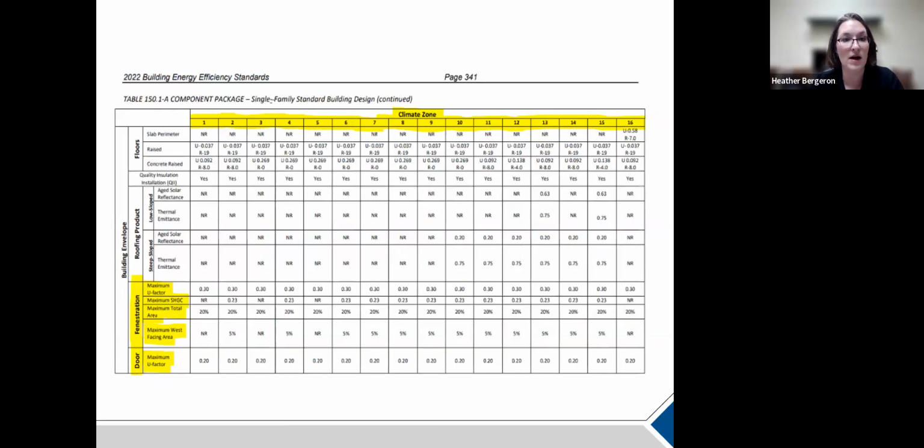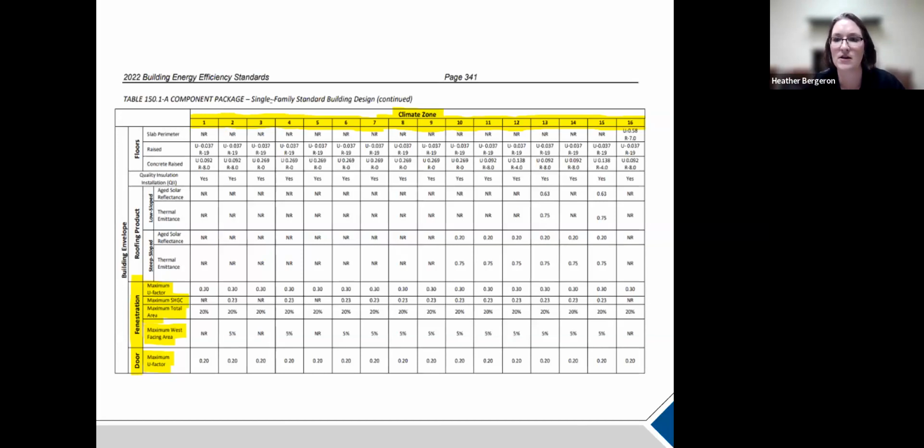Here's an example of a 2022 building energy efficiency standard based on your climate zone. Typically, we're 1 through 4, depending on if it's state or county. But this has up to 16, as I mentioned. For example, California has 16 zones because it's based on, I think it was city there.